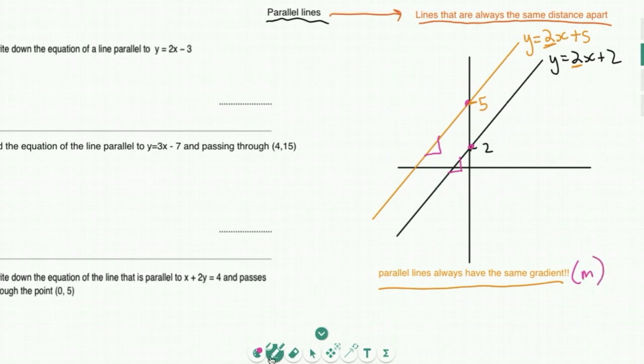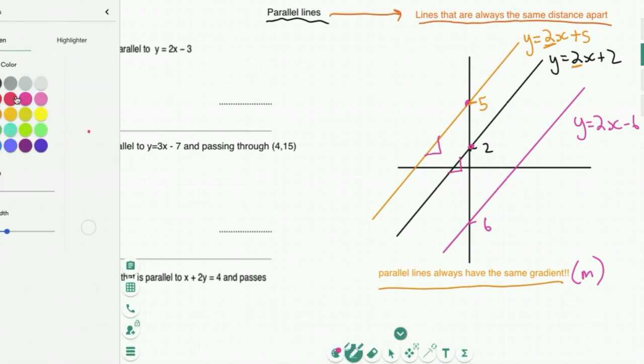So let's draw some more parallel lines to this black line. Well, we have a line like this. Okay, so let's find the equation of this line. Well, it looks like the same steepness as the black line, so it's going to be y equals 2x. But now the y-intercept looks like it's minus 6, so minus 6. Or we have this line over here in red.